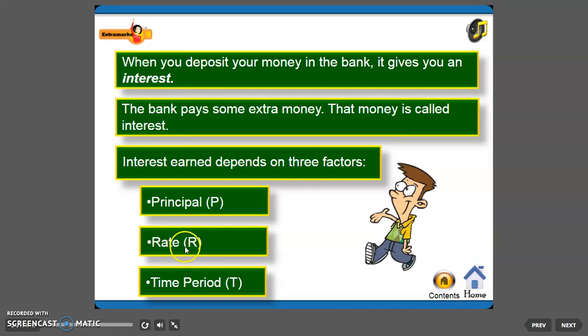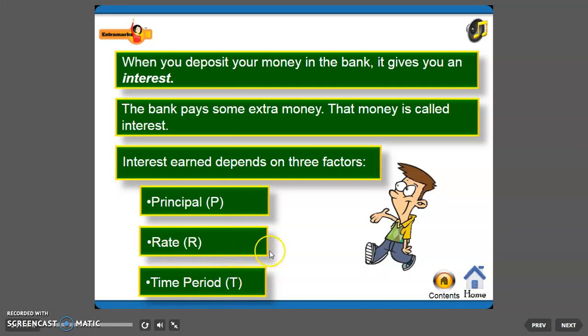That increasing quantity is measured using the word rate, rate of interest. It is usually given in the form of percentage, for 100 rupees this much. Then time period.